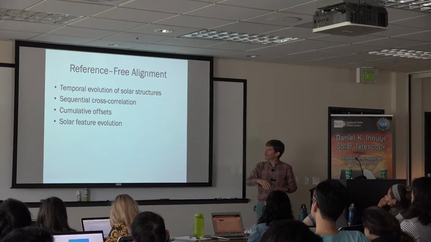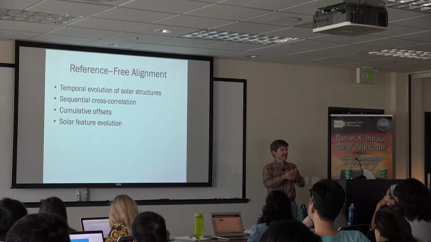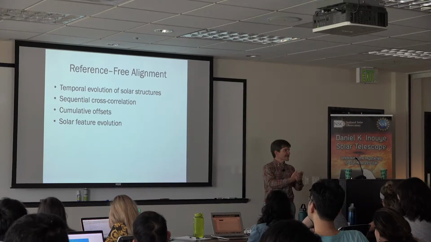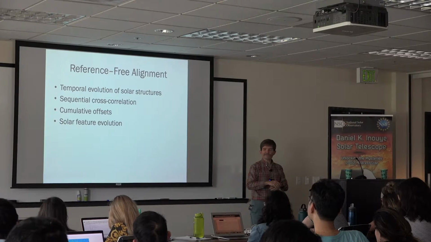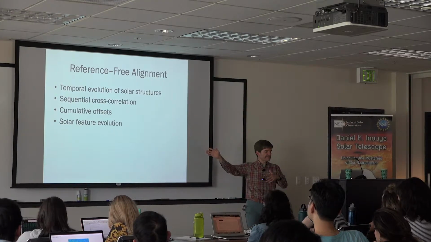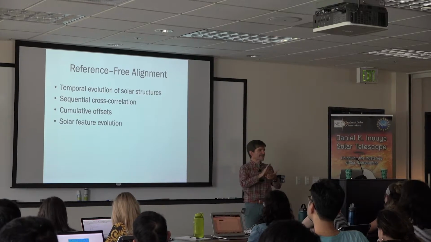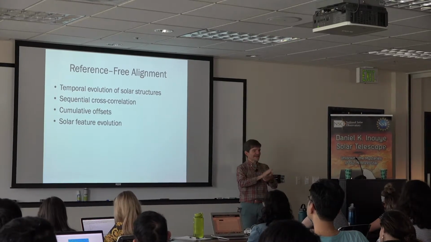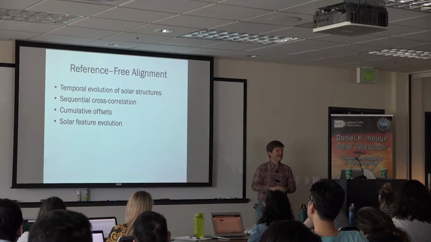And so we need to look at these images, but of course we can't just take the first image and line everything up to the first image, because this is a time series covering almost an hour, or this one's even 15 minutes, and the solar granules are evolving. So if you keep lining up on a single fixed reference, you're going to end up getting off.